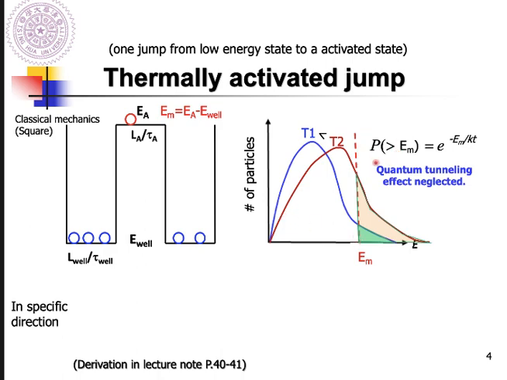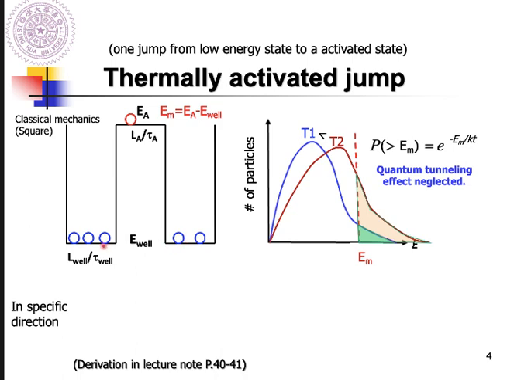And the probability, or the portion of the atoms which have energy higher than EM, can be predicted based on this equation, which equals exponential of minus EM divided by kT. But in classical mechanics, we ignore the quantum tunneling effect, which means the atom doesn't have a chance to move to location 3 through tunneling.